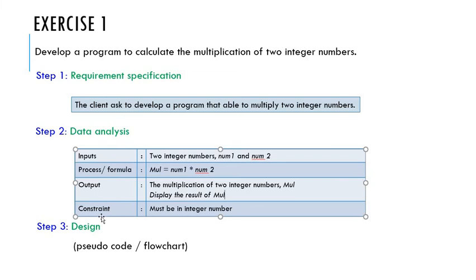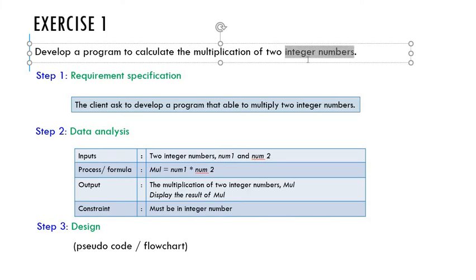So another one is constraint. The constraint in this situation is that the number must be an integer number, because the client asks you to multiply 2 integer numbers, not floating numbers, not a string.